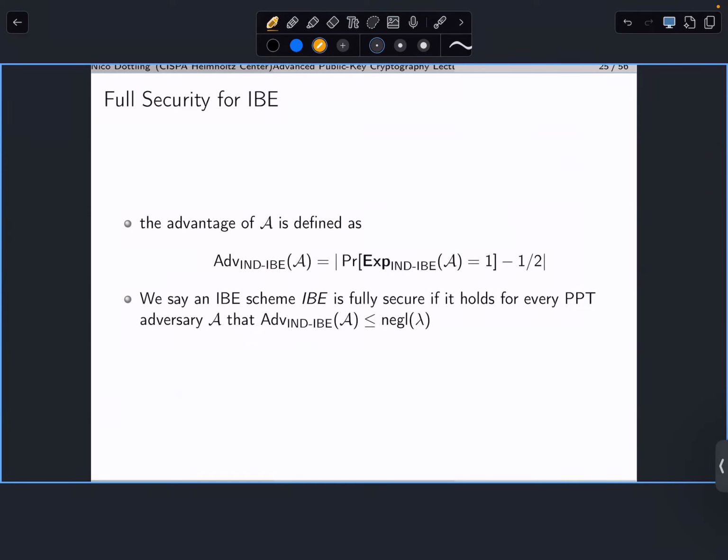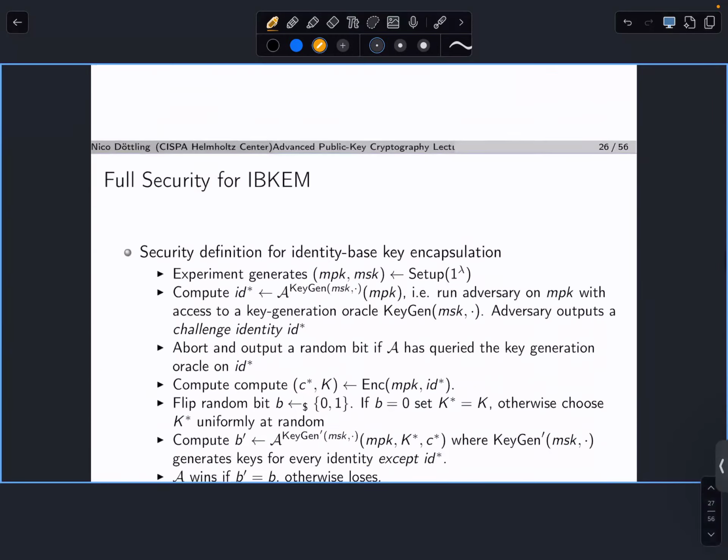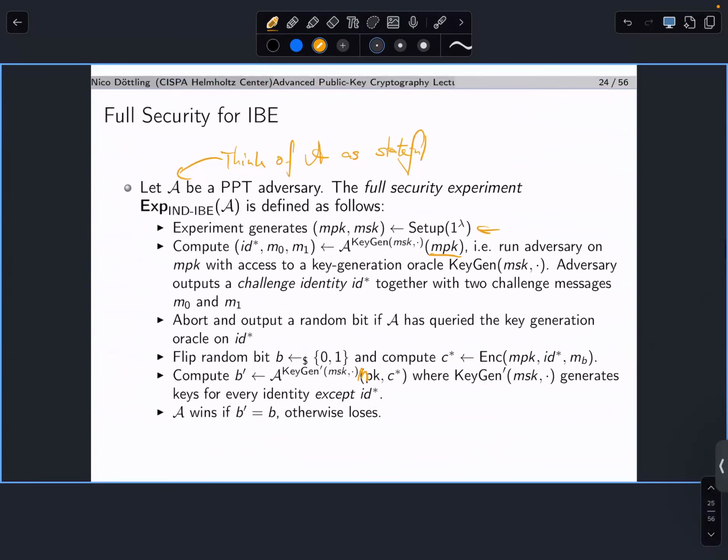This is the expected notion, and in a way, this is the strongest notion. When we look at weaker notions, we can say the adversary only gets access to the key generation oracle in the first phase, or a seemingly very weak notion, the adversary has to announce its ID star before getting access to any of the oracles.